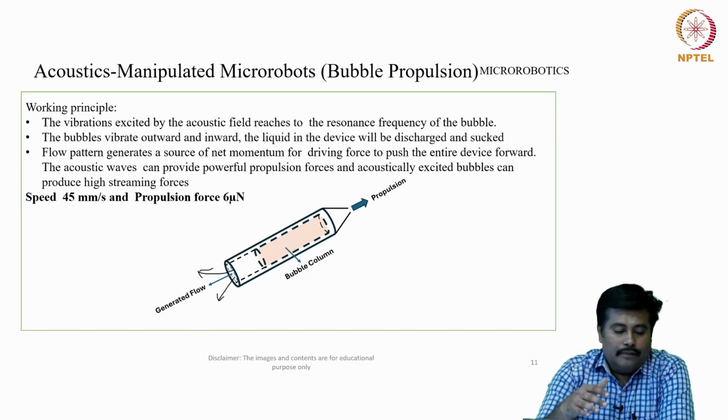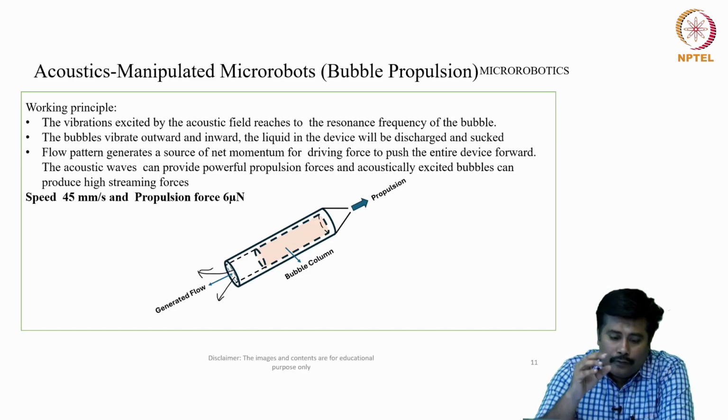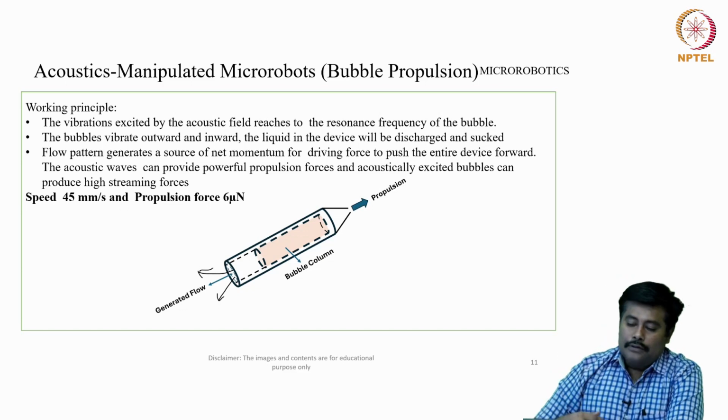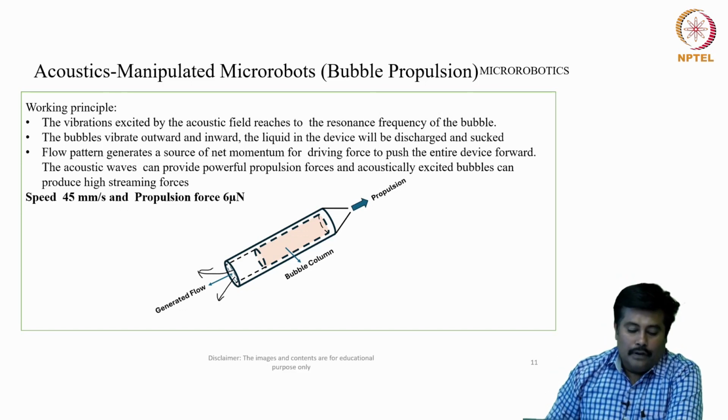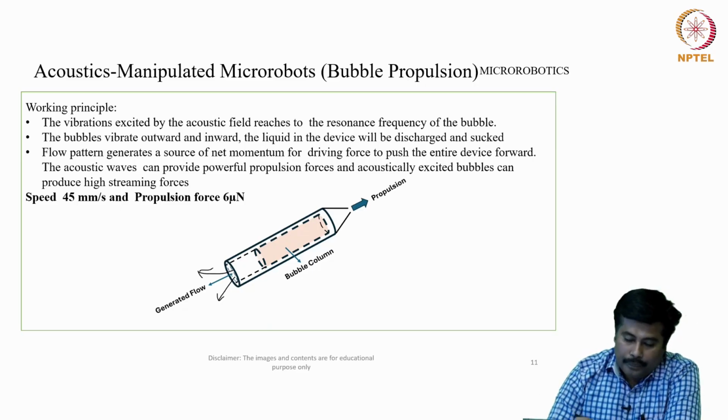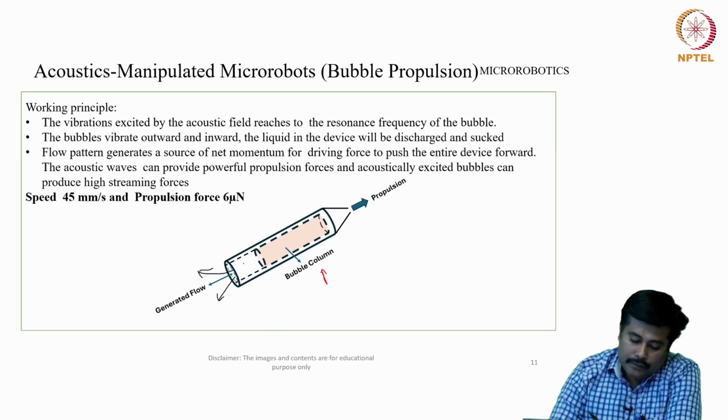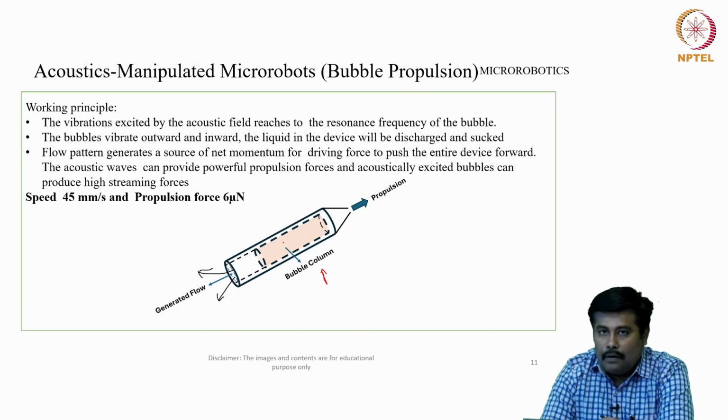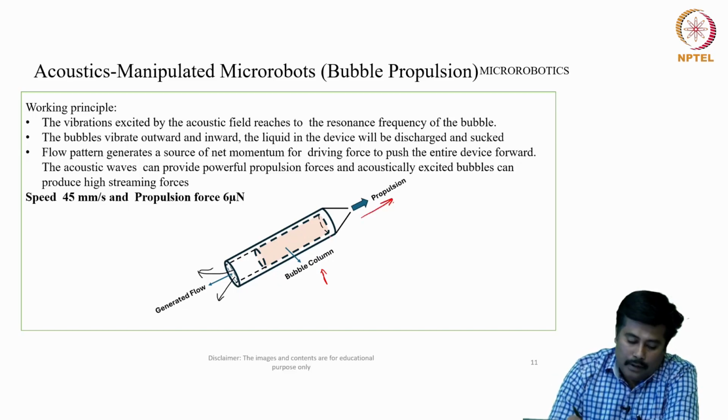So, the acoustic waves can provide powerful propulsion forces, and acoustically excited bubbles can produce high streaming forces. If we look into the overall construction of this system, this is a bubble column, this is the propulsion, and this is the generated flow.